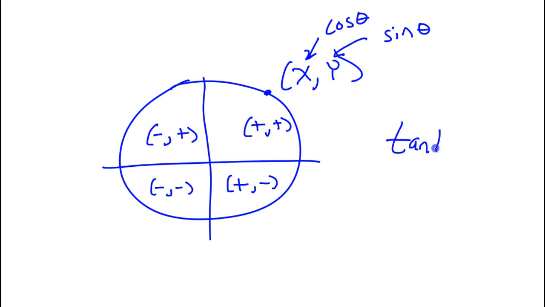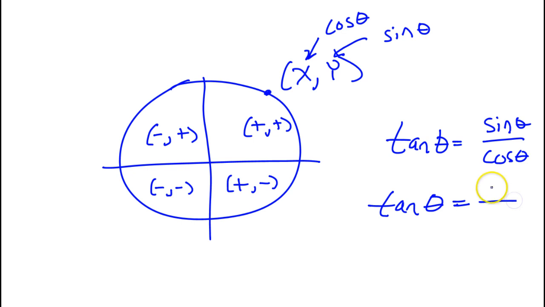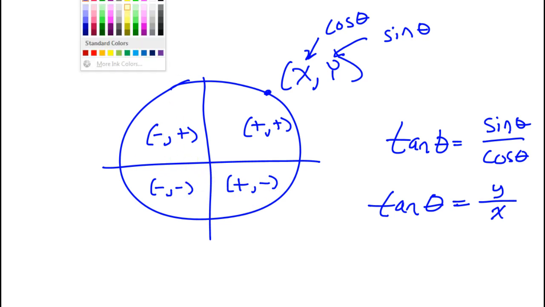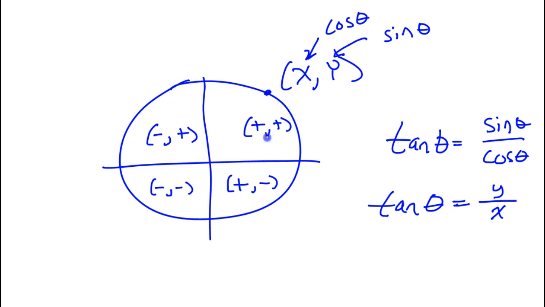But remember that tangent is sine over cosine. That's something that we need to memorize. In other words, as far as the unit circle goes, the tangent is going to be the y value divided by the x value of the coordinates. Let me change colors as we talk about the tangent.